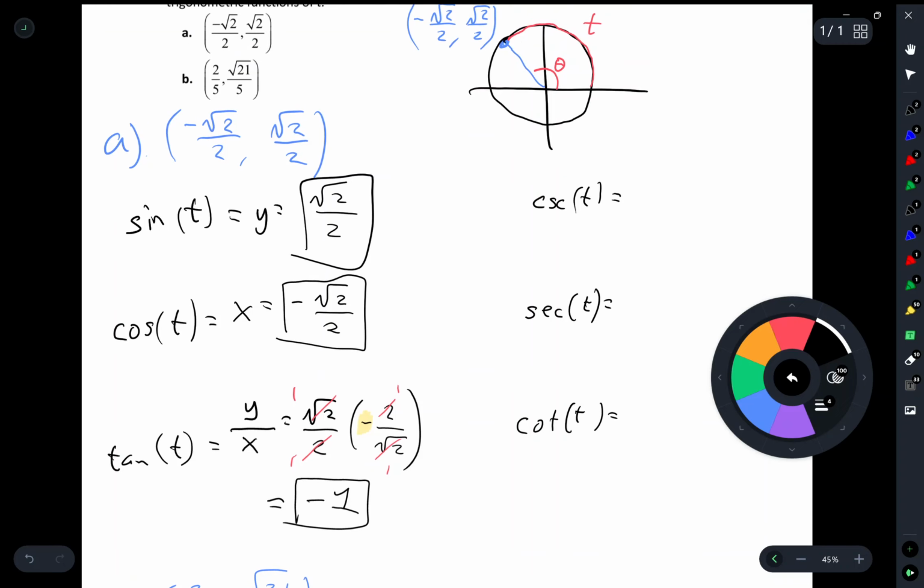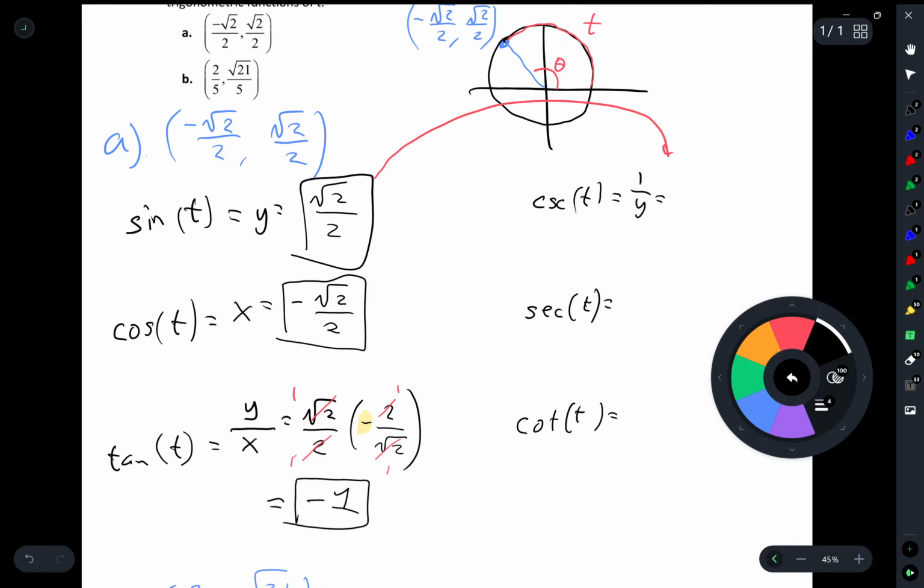Okay, now we've done sine, cosine, tangent. We would want to find cosecant, secant, and cotangent as well. Easiest way to do this a lot of the time is, for example, cosecant of t. Remember that it's the reciprocal of sine, or 1 over y. What you can do is just flip your value for sine of t, and get rid of any radicals that might be in the denominator.